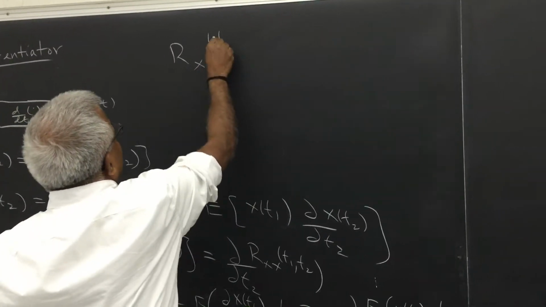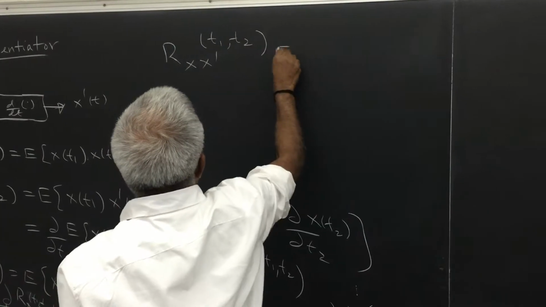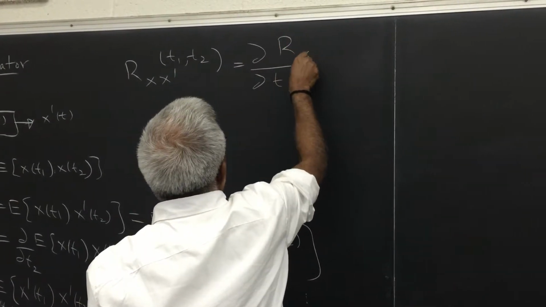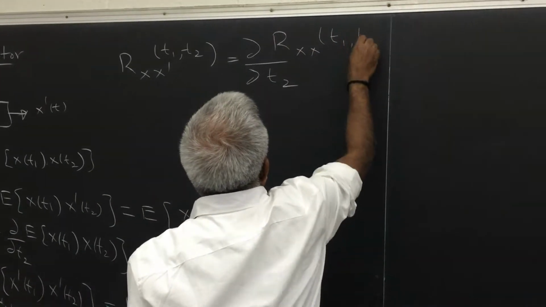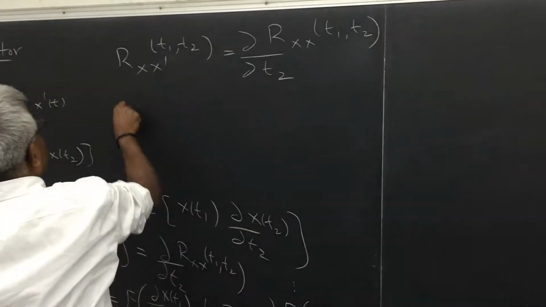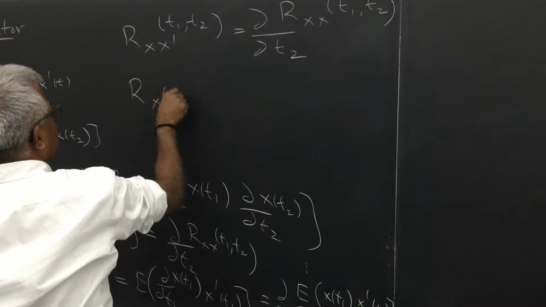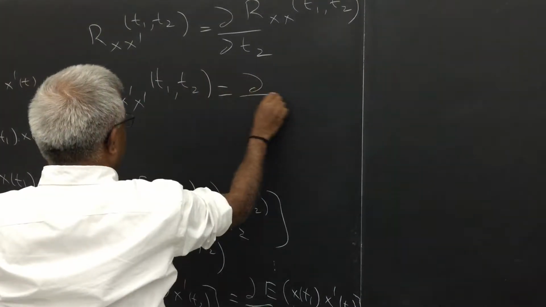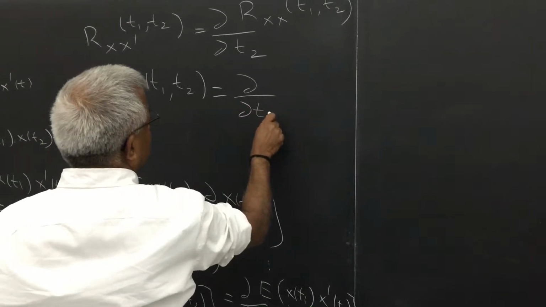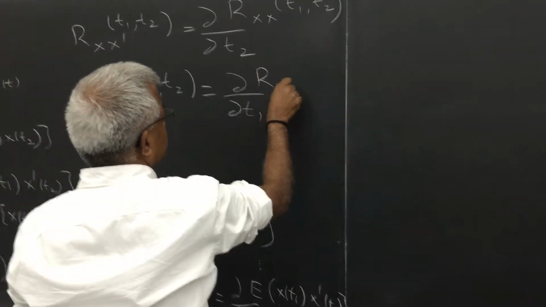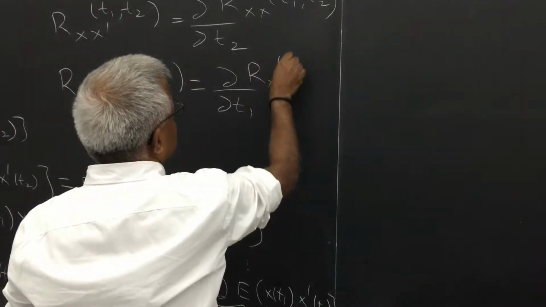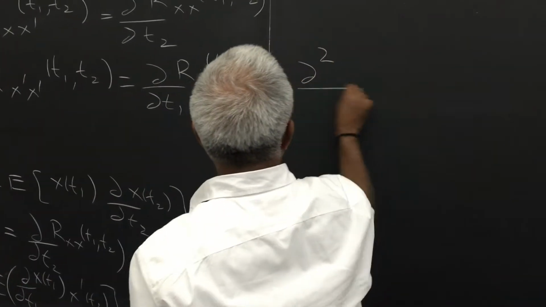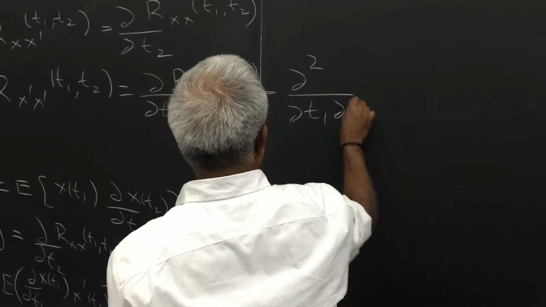So together we have these results. R_xx'(t1, t2) is the derivative with respect to t2 of R_xx(t1, t2), and R_x'x'(t1, t2) is d squared by dt1 dt2 of R_xx(t1, t2). So this is the cross correlation and the output autocorrelation in terms of the input autocorrelation.